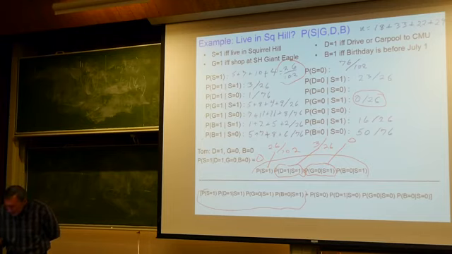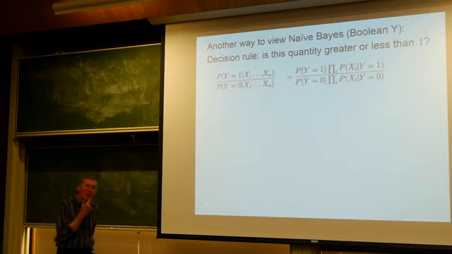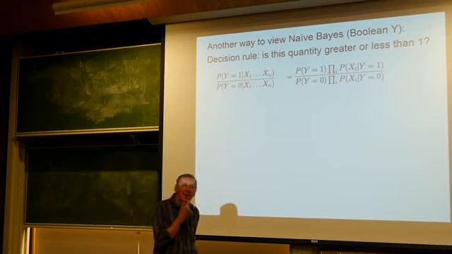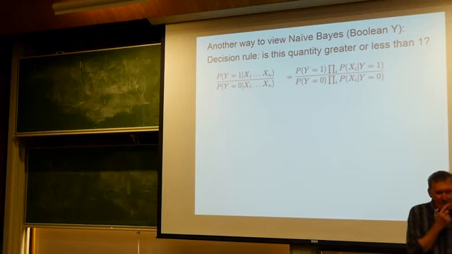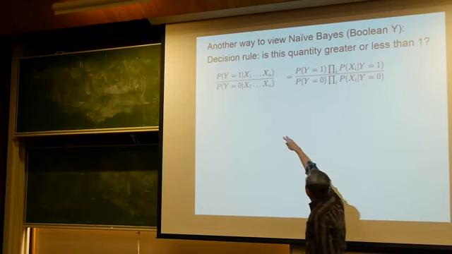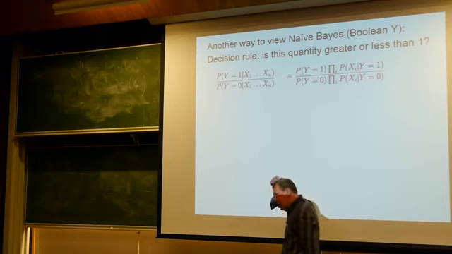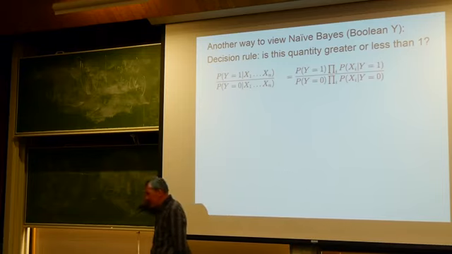Okay, so I want to take one other view of naive Bayes. This is a kind of interesting way to think about it. Suppose I'm interested in what's the form of the decision surface.